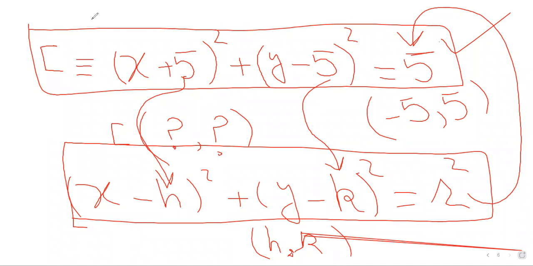So, out of many choices, which one is the right one? My choice is it must be square root 5. And your choice is square root of 5. Yes, square root 5. It's not 25, it is not 5. So it's square root 5.